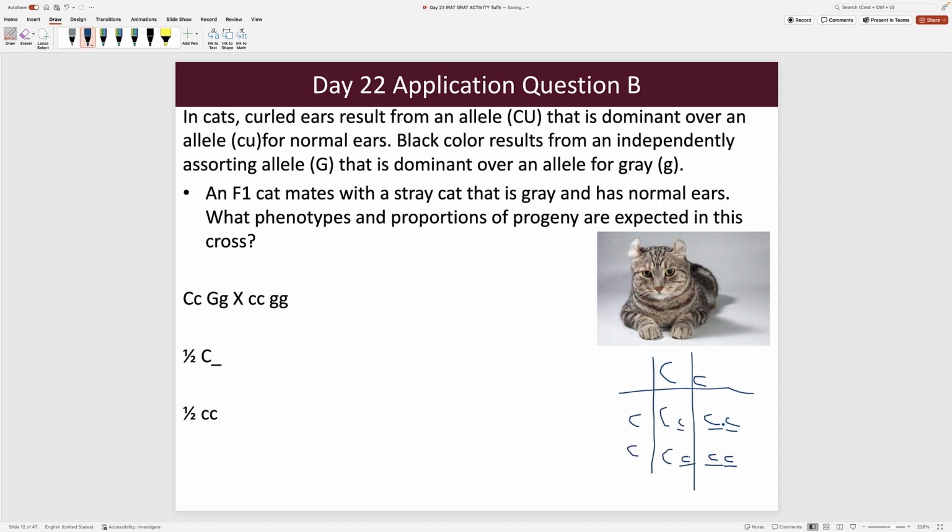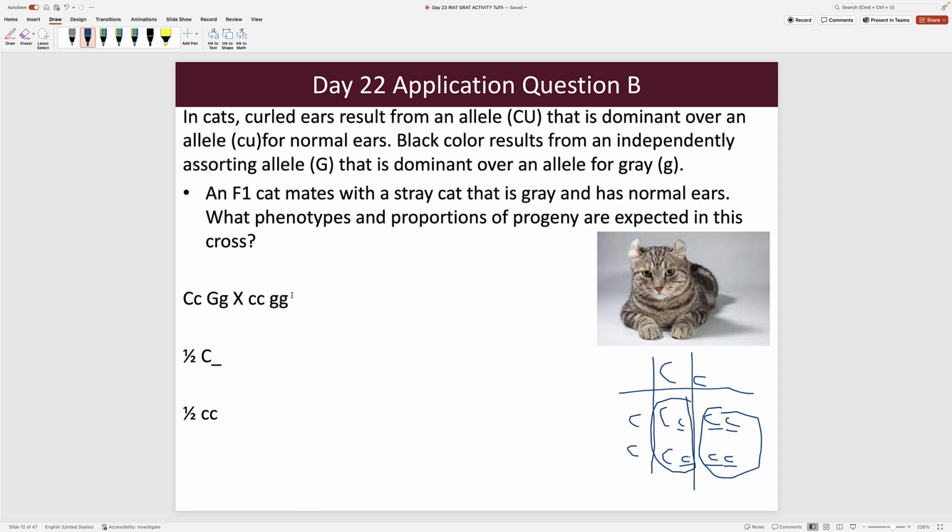And with lowercase c, I often just put an underline mark under it because sometimes the size of the c is arbitrary. And so you can see then, when you do this Punnett square, that you have 50% are big C, and 50% are little c. So 50% have curled ears and 50% don't.